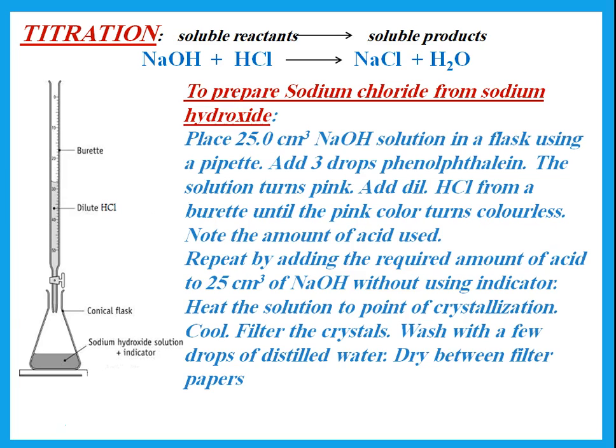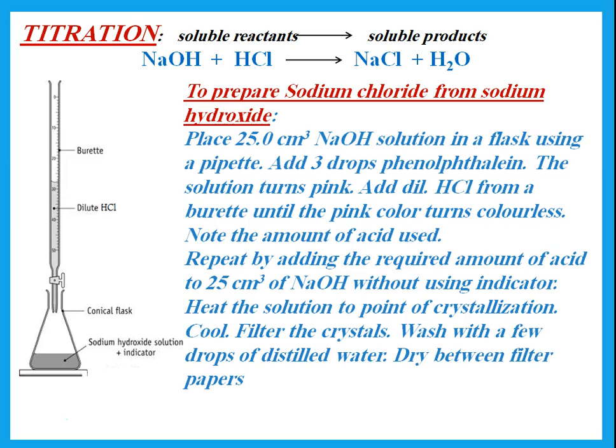And our next problem is that all of these solutions are colorless. How will I know if I have added enough? So I need to add indicators. So for example, I could add 3 drops of phenolphthalein to the flask. So now in my conical flask, I have 25 centimeter cubed of sodium hydroxide, which I put with a pipette, and 3 drops of an indicator.